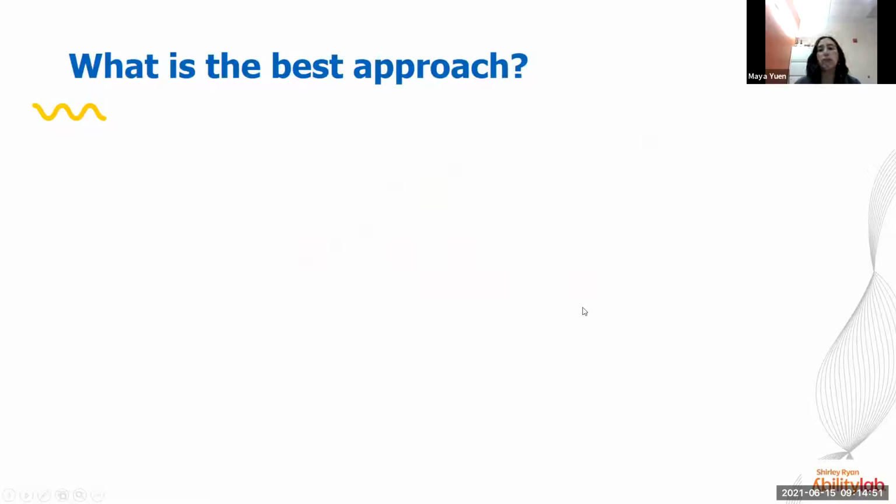So back to the original question, what is the best approach? Because persistent pain is more centrally or nervous system mediated, the approach needs to target the central nervous system versus targeting specific tissue only. Dr. Margolis talked about the biopsychosocial approach, but it is a really necessary treatment for chronic pain.